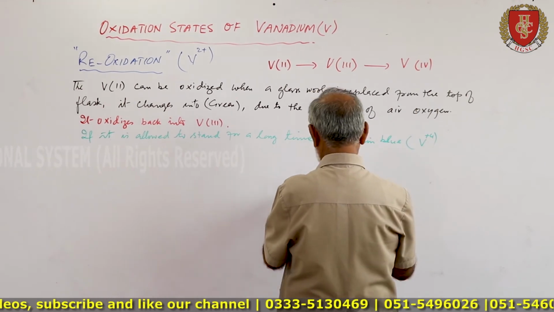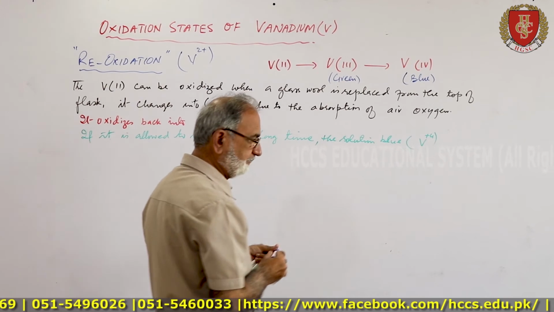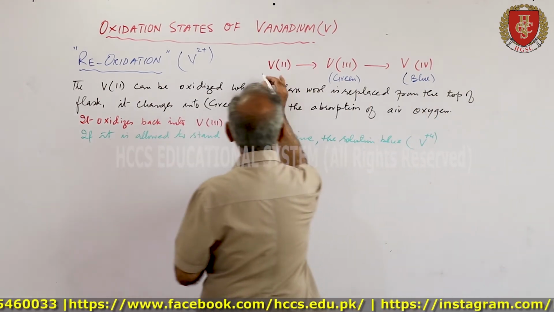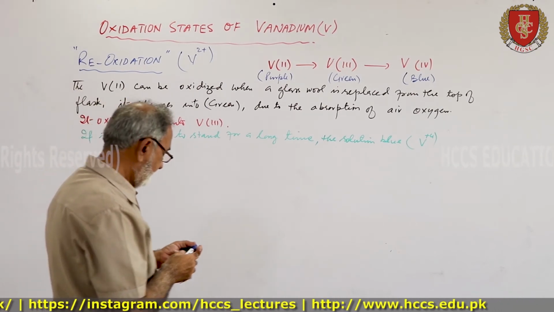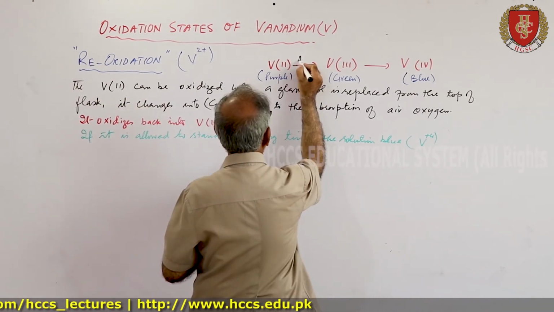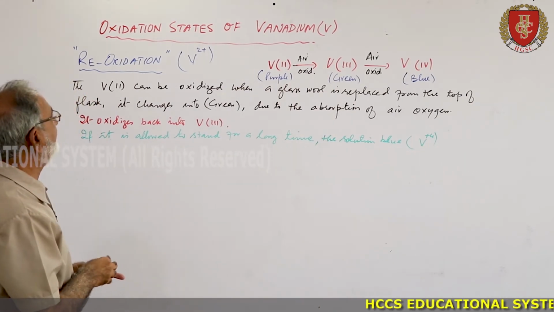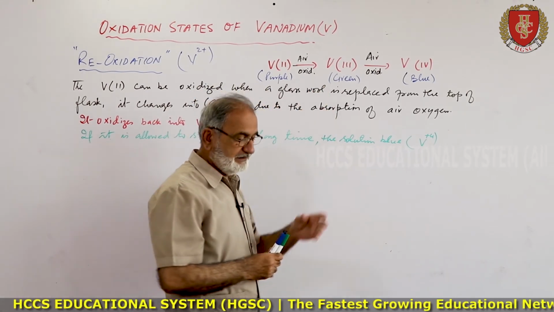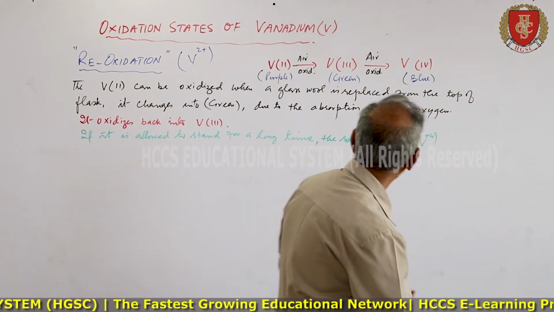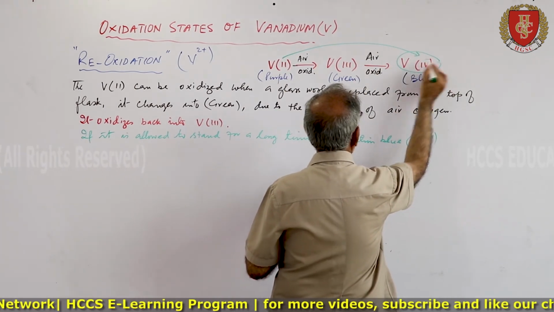This is violet, this is green, and this is blue. So this is the re-oxidation, the air oxidation, of vanadium 2 into vanadium 3 and vanadium 4.